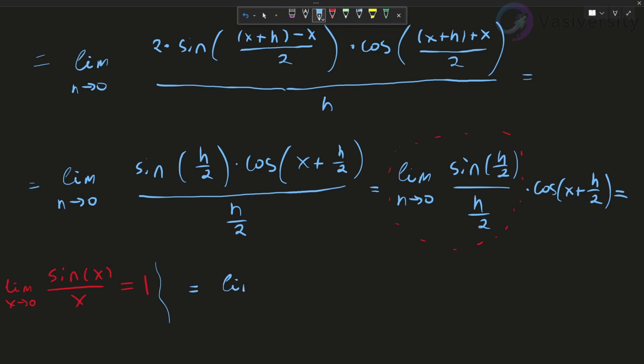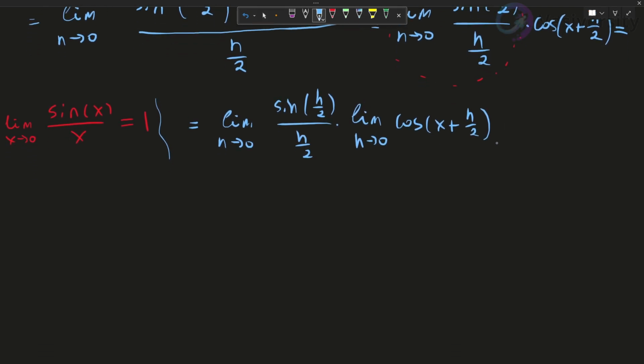So that's going to be the limit as h approaches 0 of sine of h over 2 over h over 2, times the limit as h approaches 0 of cosine of x plus h over 2.